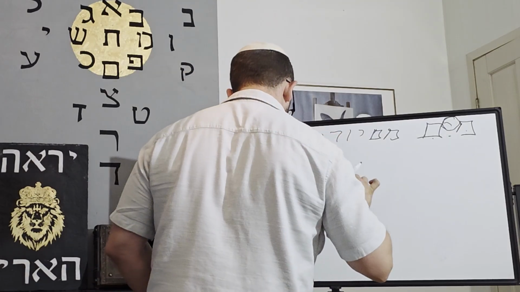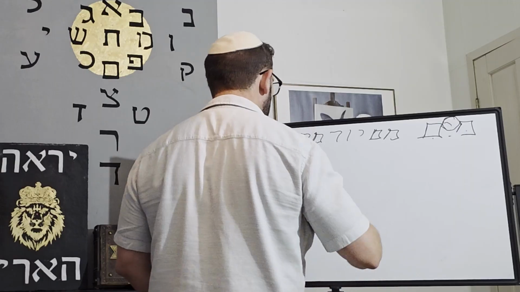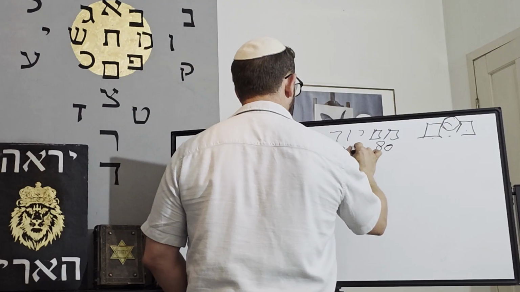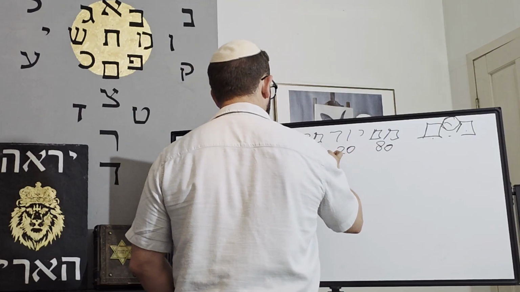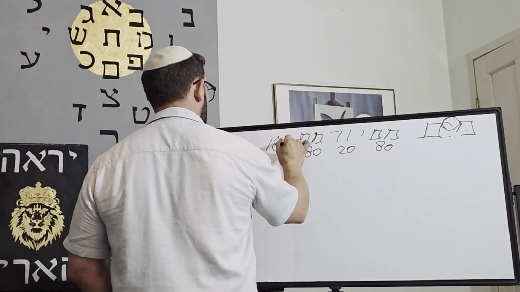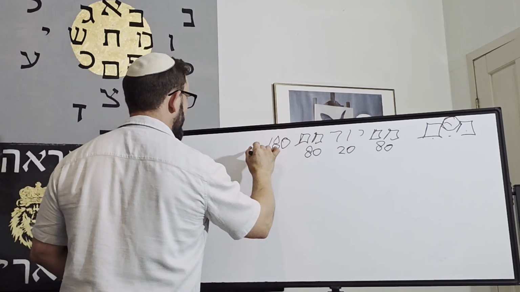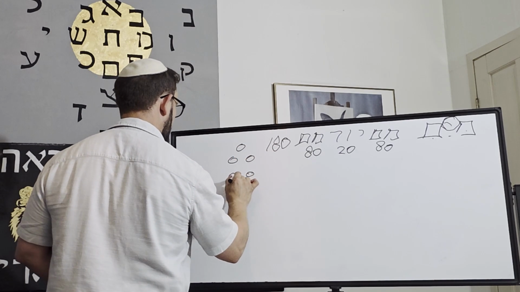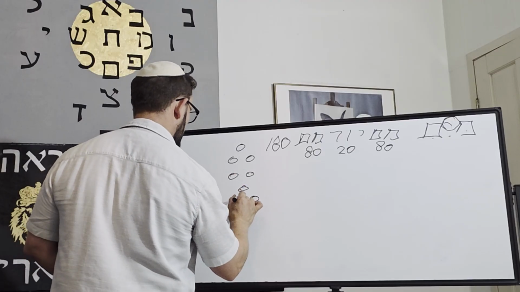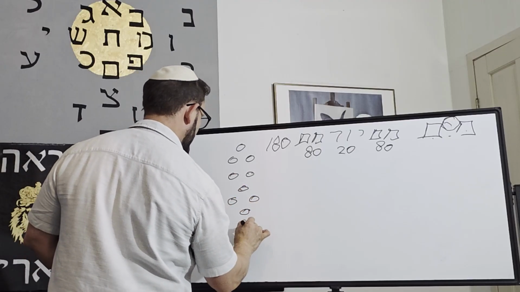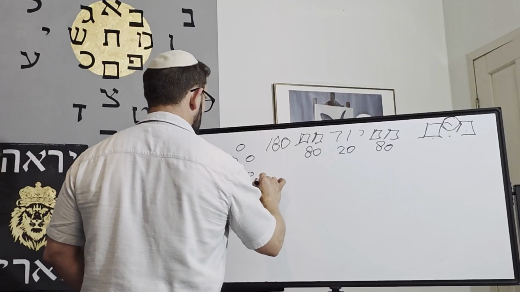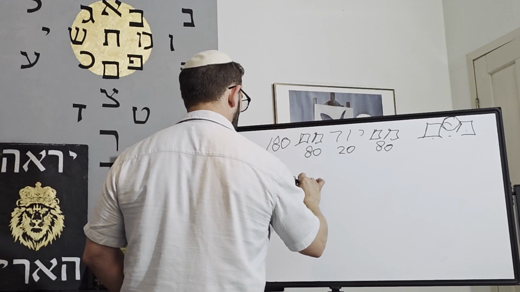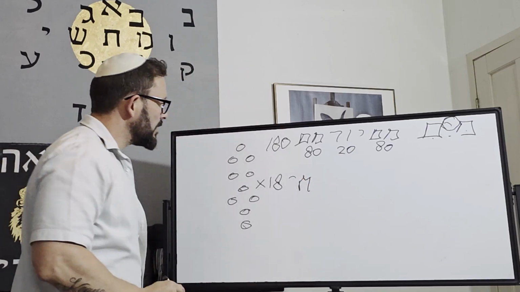Mem, Yud, Mem, giving us a value of 80 plus 20 plus 80 is 180, which is 10 times 1, 2, 3, 4, 5, 6, 7, 8, 9, 10 times 18, and 18 is Chai, living waters, right?